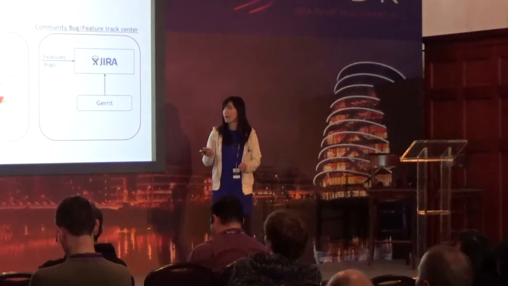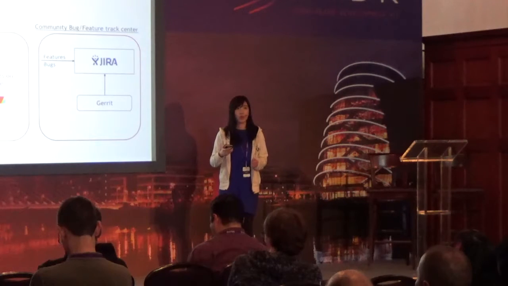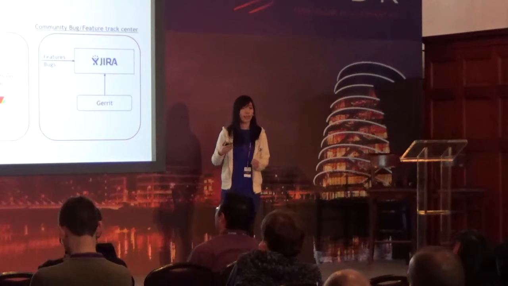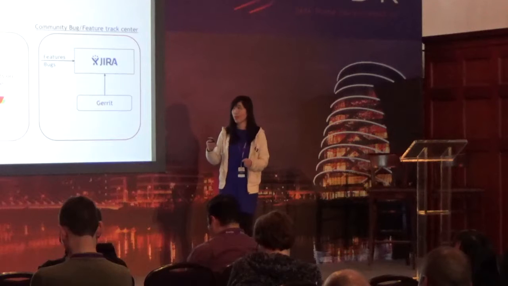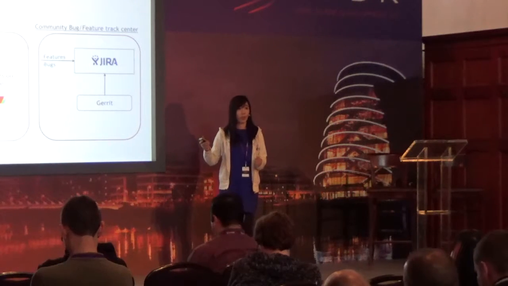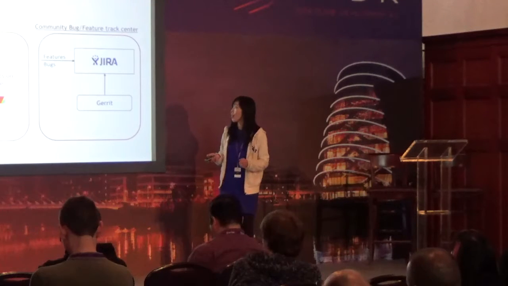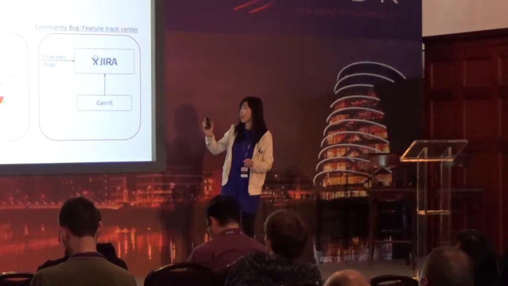And for the daily regression, they always use Jenkins to schedule the daily performance testing and functional testing, and publish the results on the website. It's much easier for people to check the results there. And they can make connections between Jira, the bug system, and Gerrit.